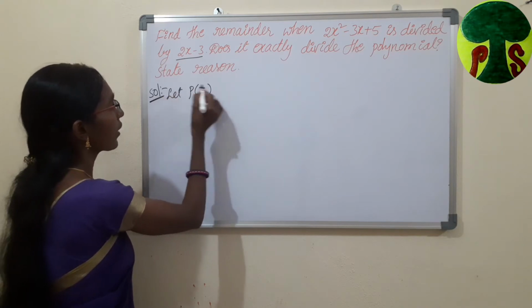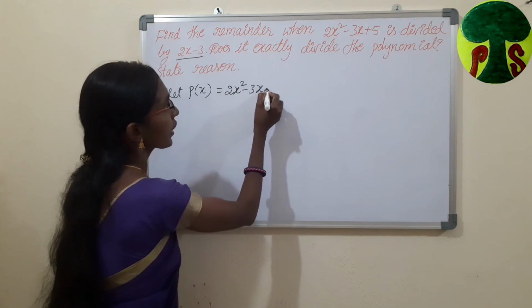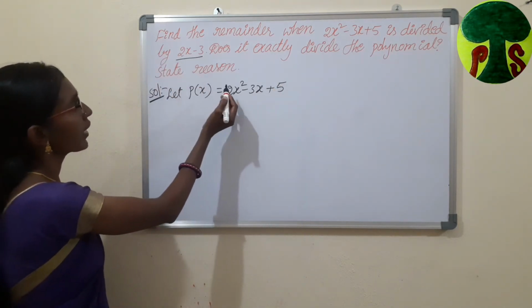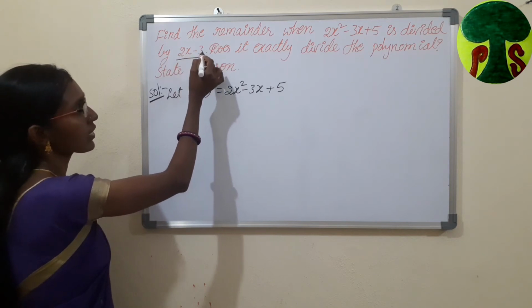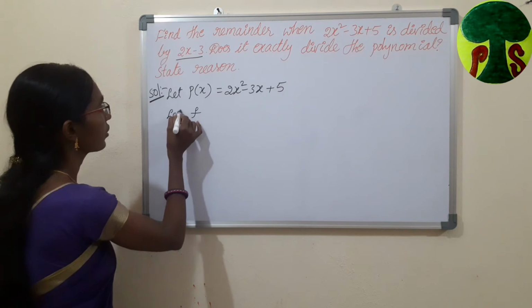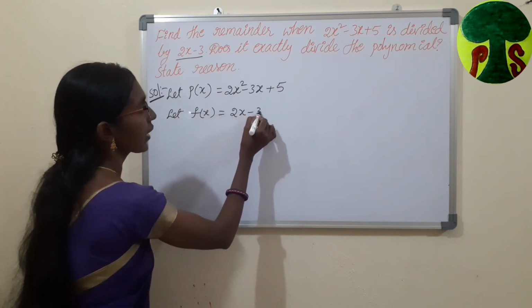Let p of x is equal to 2x square minus 3x plus 5. And we have to divide this polynomial by 2x minus 3. I am considering that as f of x. Let f of x is equal to 2x minus 3.